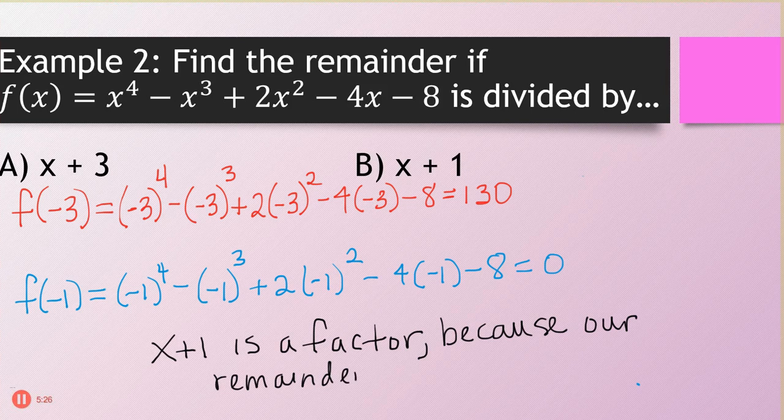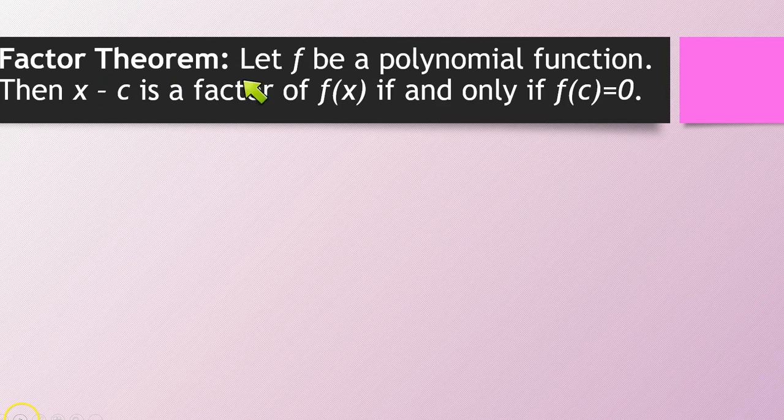So x equals negative 3 is not a root, but x equals negative 1 is a root of this function. So if I were to graph this, I would expect to see an x-intercept at negative 1, but not at negative 3. So what that says, in that last example, is let f be a polynomial function.